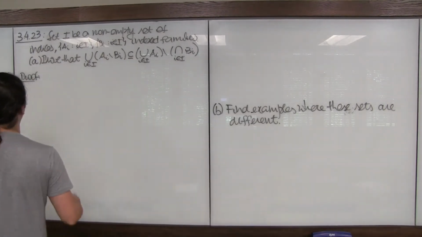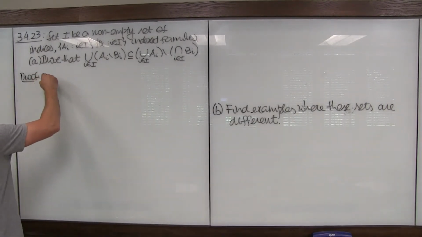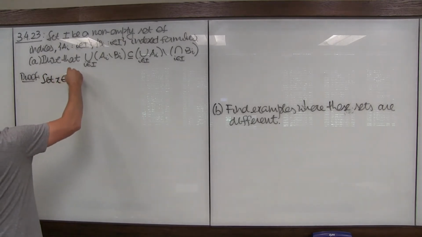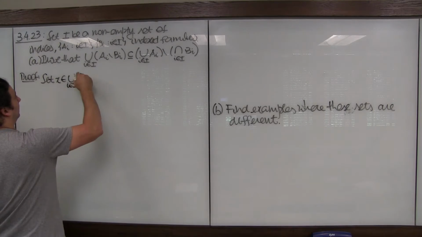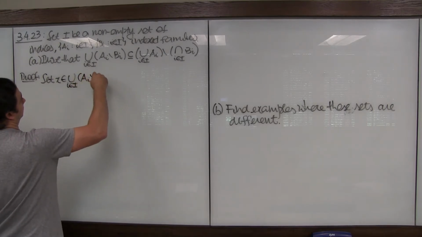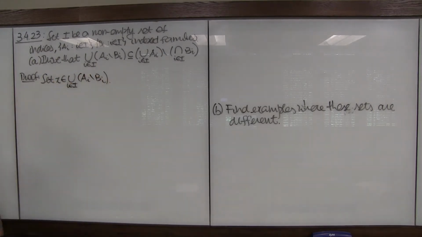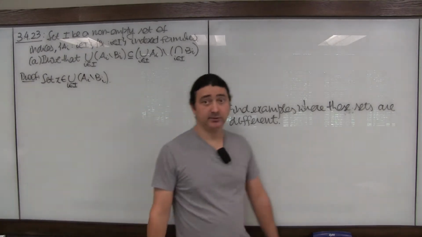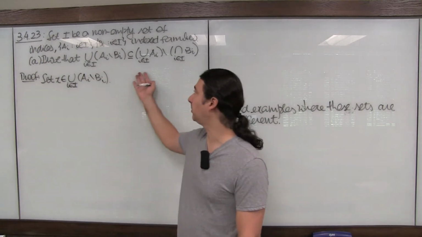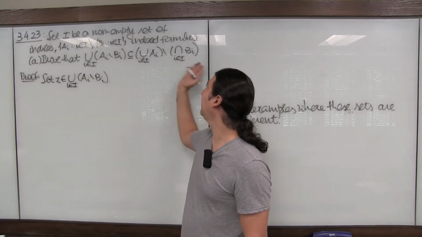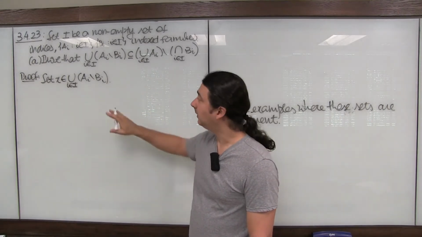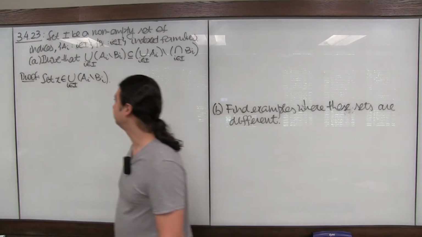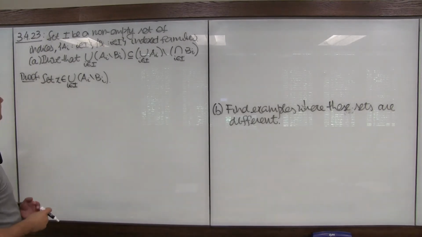So I can start with: let little x be an element of the union of the differences. Now, your goal then is clear. And again, if you want to, you can put a parenthesis here: need to show that this same x is in the other set. But this is for emphasis, not necessary.